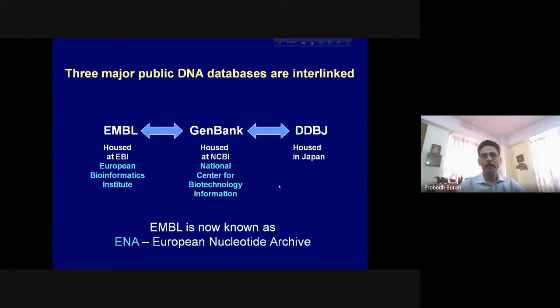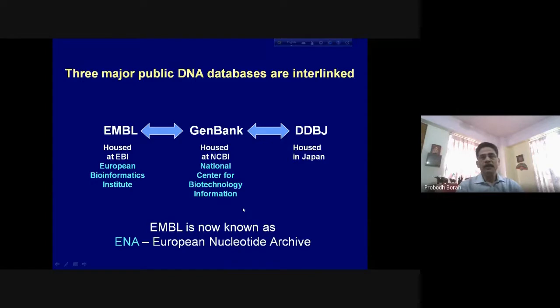Most of the sequence information or the biological information that are generated from the experiments in European Union or European countries are mostly uploaded to EMBL or ENA, and some of the Asian countries upload to DDBJ, but most of the global community upload information to the database which is housed at NCBI, that is GenBank. It is pronounced as GenBank or GenBank. Many people pronounce it as GenBank.